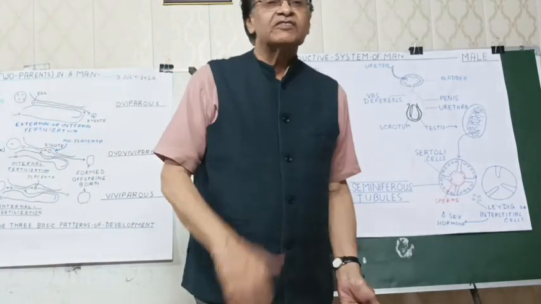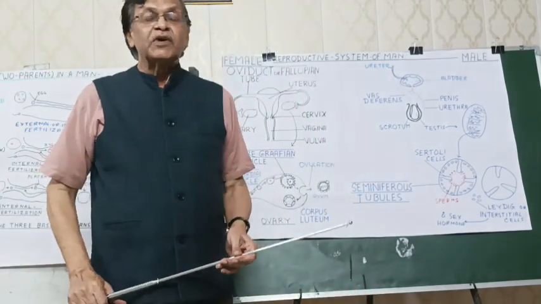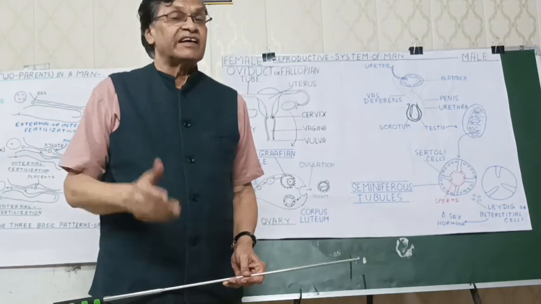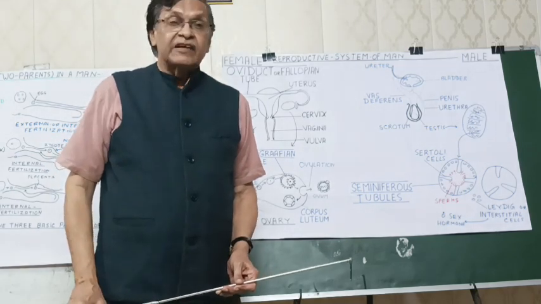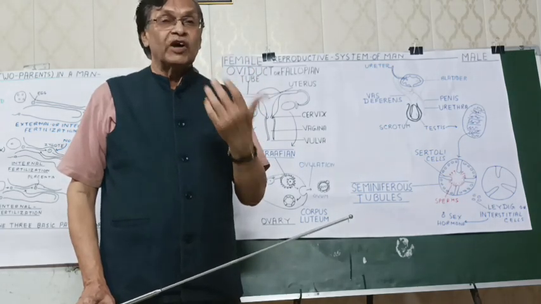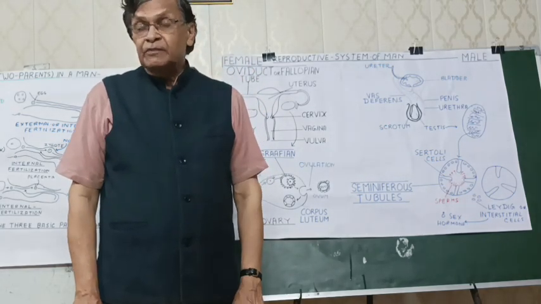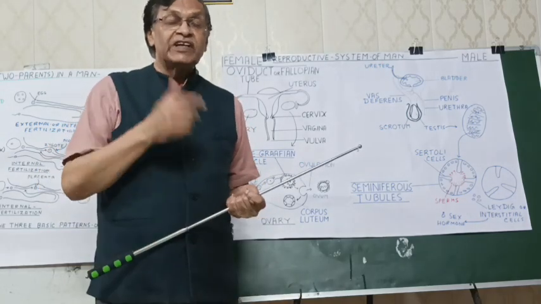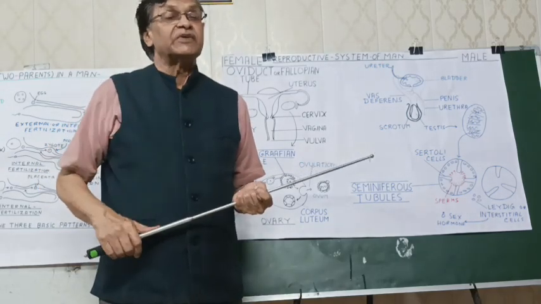In reproductive organs also, both the sperm duct and the oviduct are exposed to the external environment. They are exposed to the entry of foreign microorganisms. So what should be there? An acidic medium is kept in both the oviduct and the sperm duct.